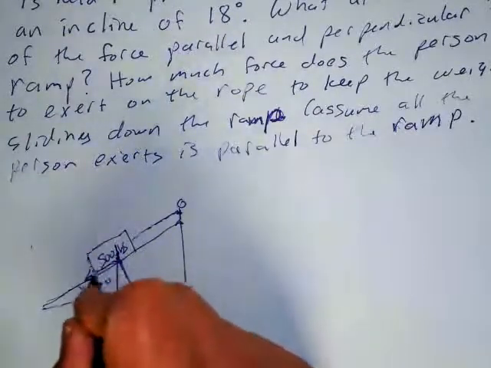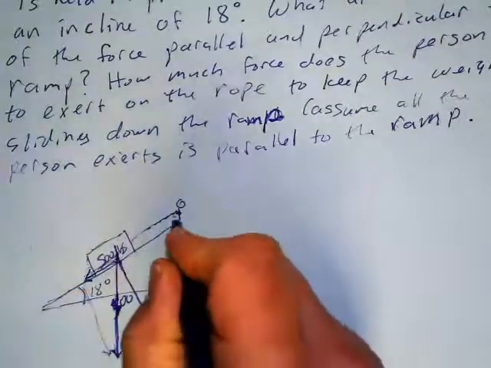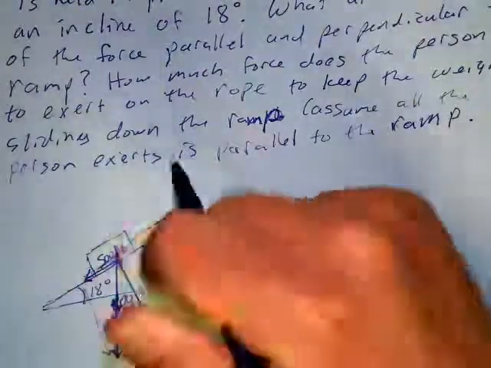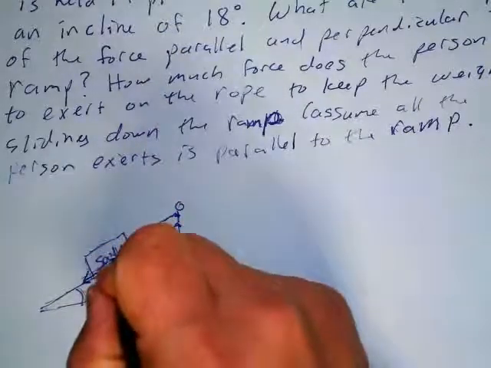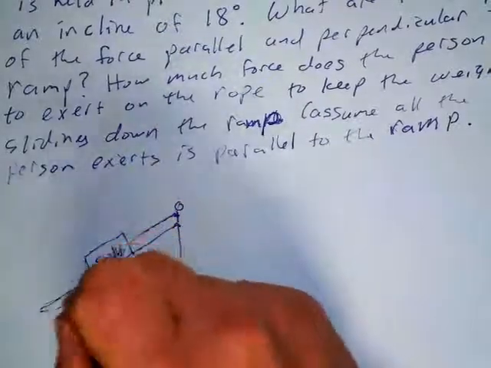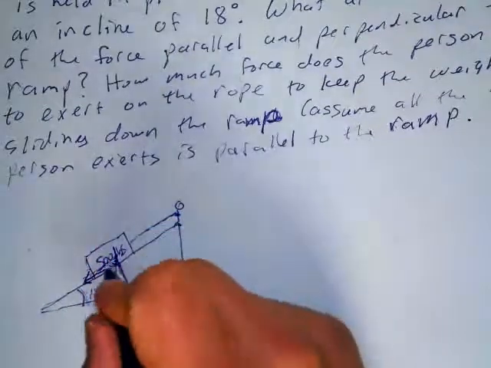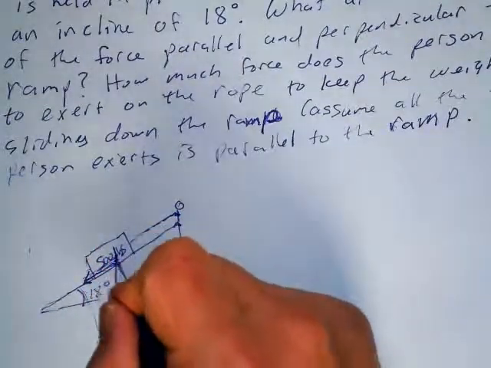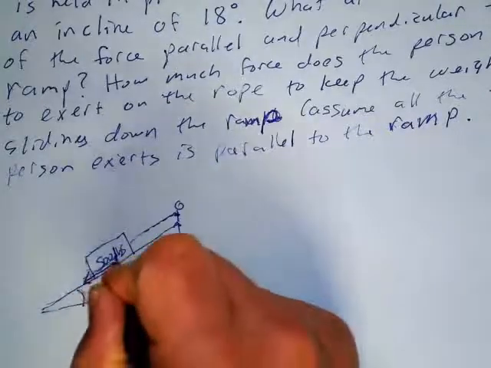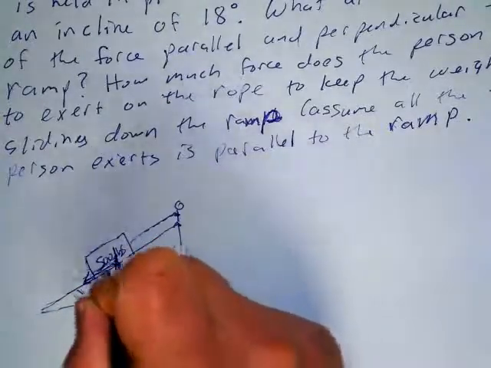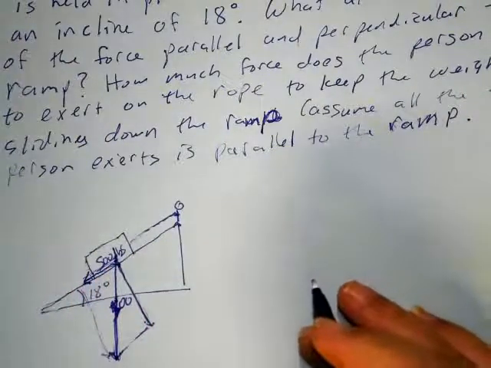And so it wants to know how much of this weight, like what's this guy having to pull back on? He's going to have to cancel out the force of this weight that's going down parallel to the ramp. So what we want to do is resolve this vector into these two vectors, the one perpendicular to the ramp and the one parallel to the ramp.